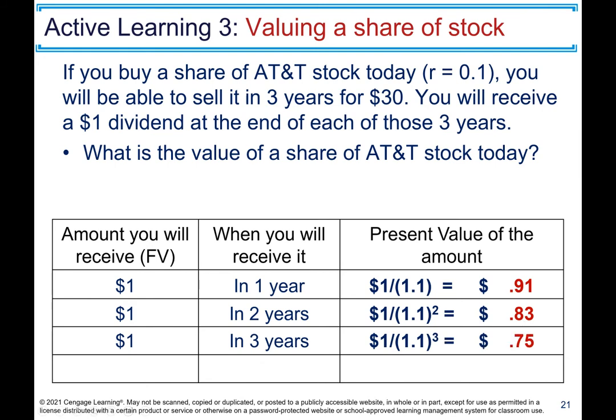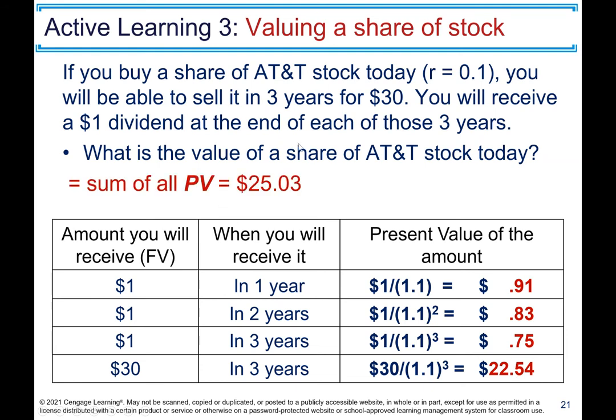The third year, you get another $1 in dividend, and the present value for that will be 75 cents, using the formula, of course. In the end, after 3 years, you get back the $30. The present value of that $30 is $22.54. The sum is you add all three, and the present value is $25.03. Valuing a share of stock.